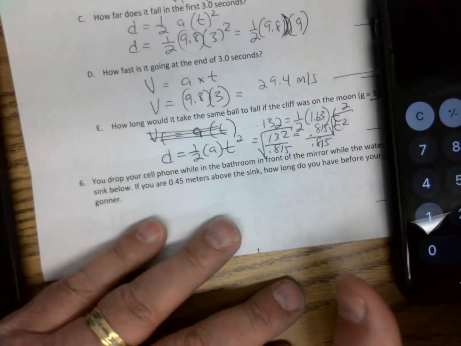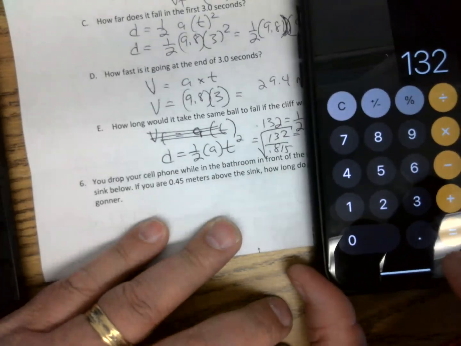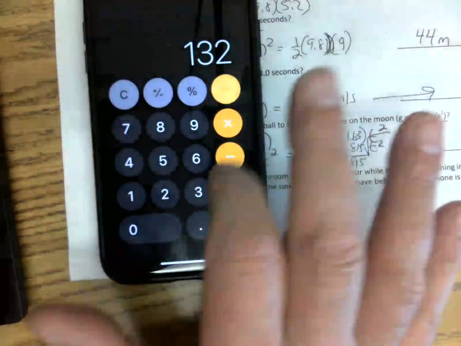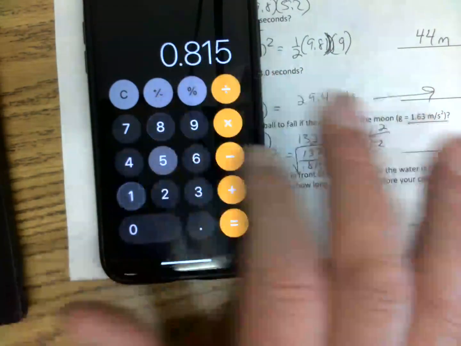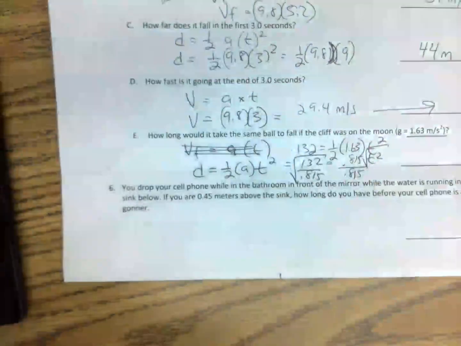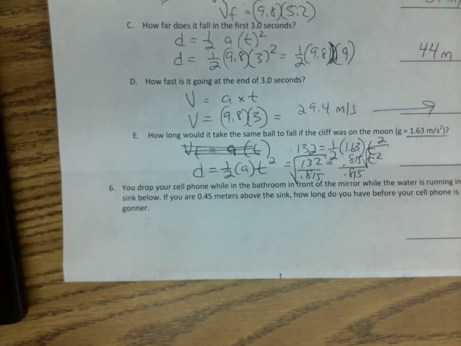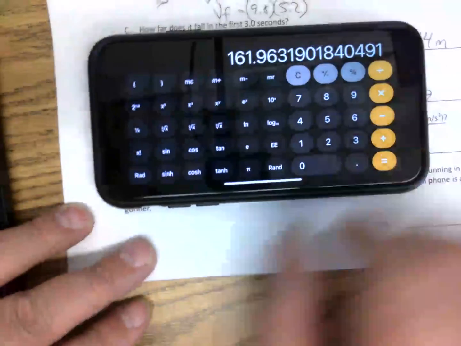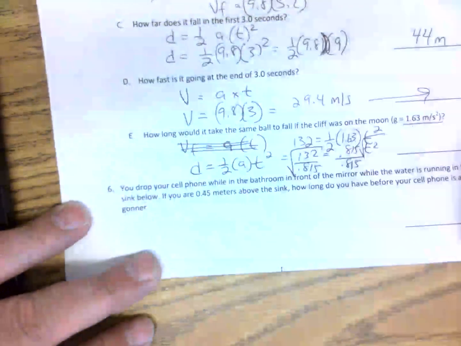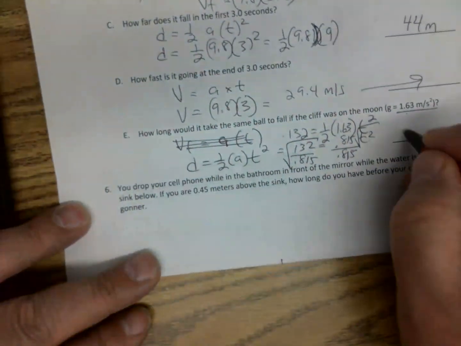It's going to be 132 divided by 0.815, and then we're going to do the square root of that. Do the square root, 12.7 seconds.